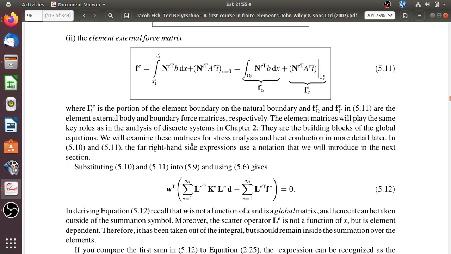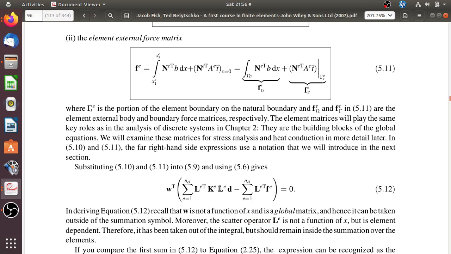But while summing it, what we have to do is assemble it in a proper manner, and that assembling will be performed using this operator, which is known as the assembling operator or scatter operator.